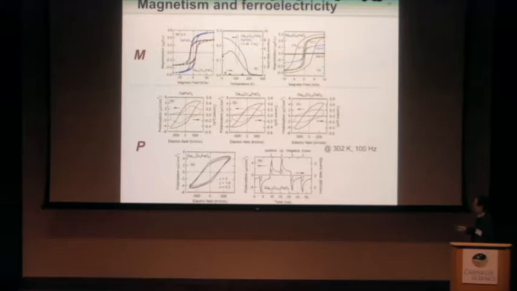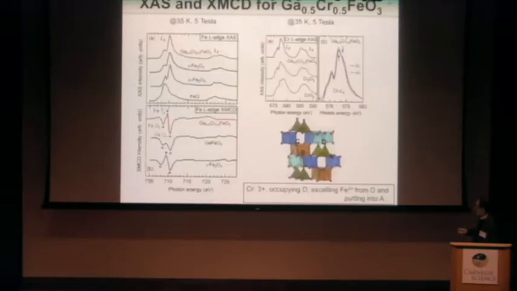So we measured the PUND and the polarization by the PUND technique. Although the leakage current increases with the increase in chromium content, these three materials show ferroelectricity.